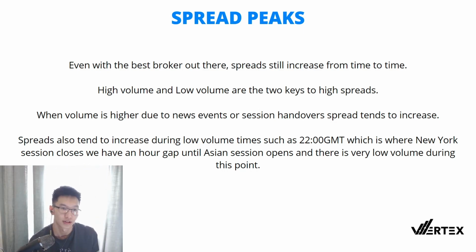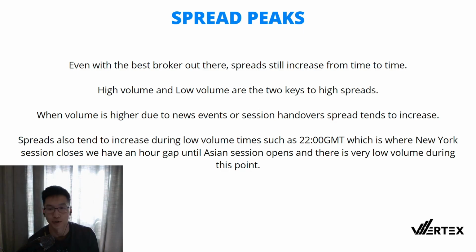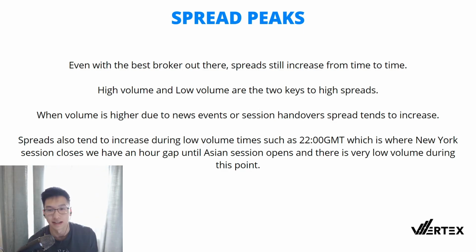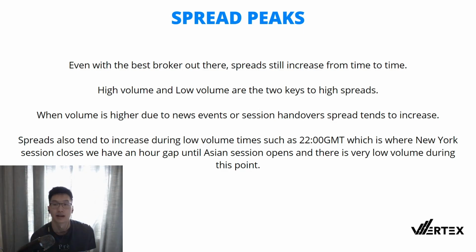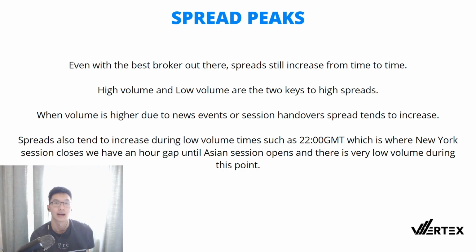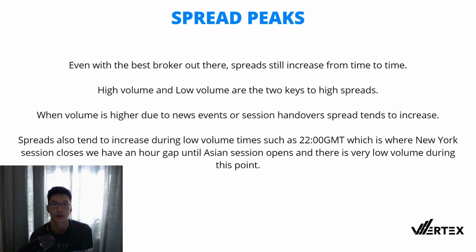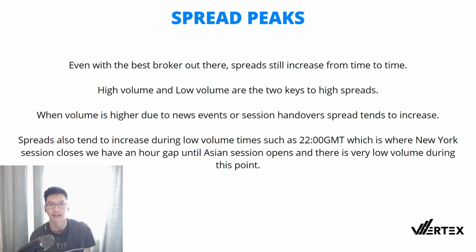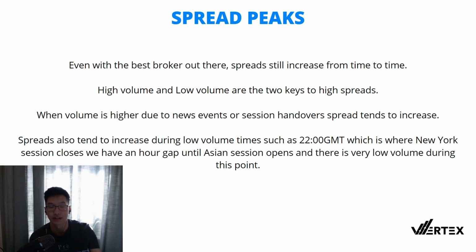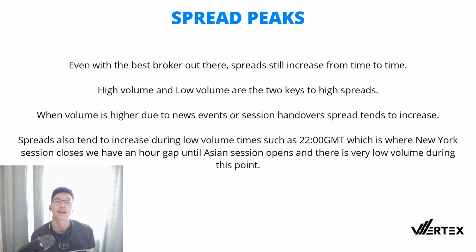Spreads also tend to increase during low volume times, such as 22 GMT. It's 10 o'clock GMT time, which is when the New York session closes. We have an hour gap until the Asian session opens, and there's very low volume during this point. This is where brokers tend to clean up their data feeds and work on any scheduled maintenance or anything like that. And spreads will increase during these times every single day, Monday to Friday.